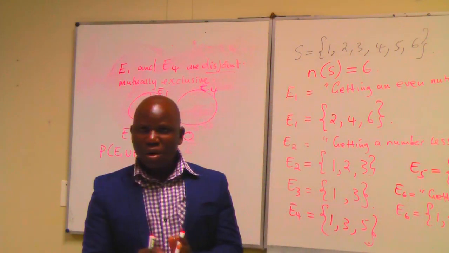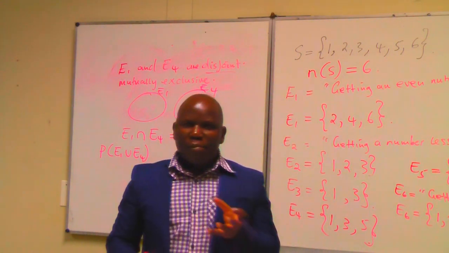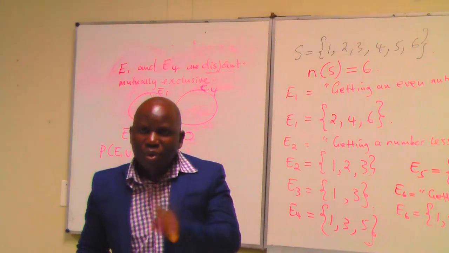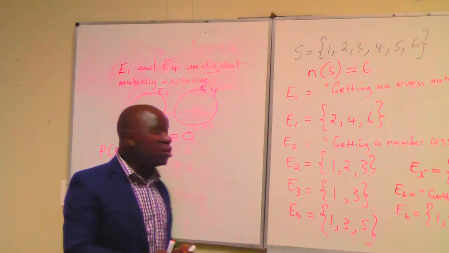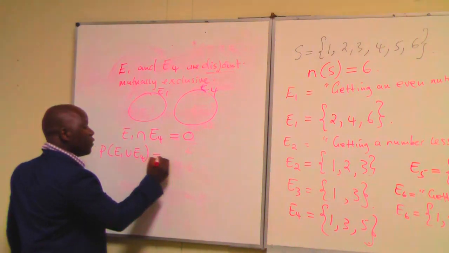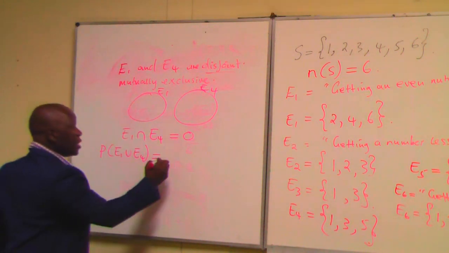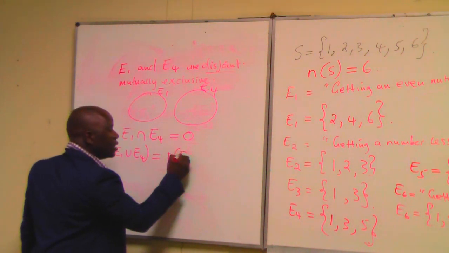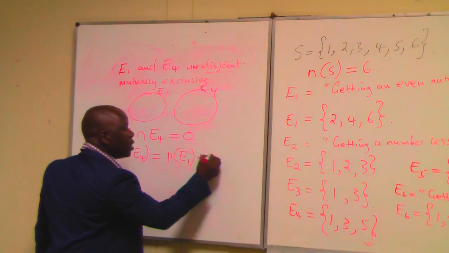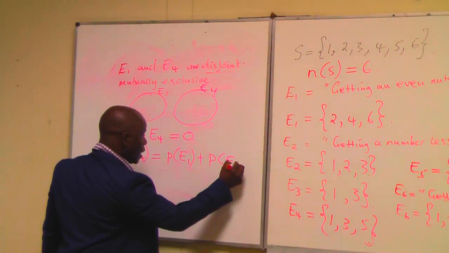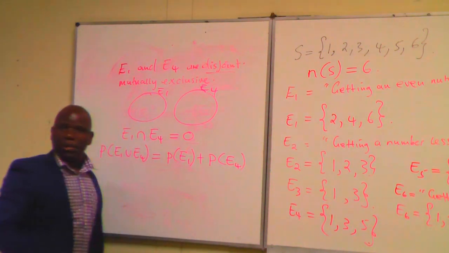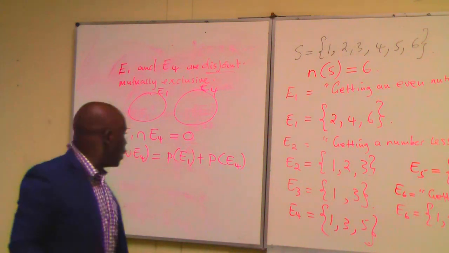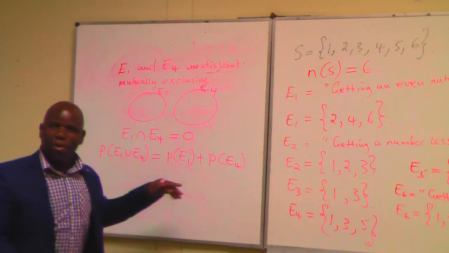The addition law of probability applies to both mutually exclusive and non-mutually exclusive events. For mutually exclusive events like this one, it will just be the sum of the individual probabilities: the probability of E1 plus the probability of E4 will give us the probability of E1 union E4.